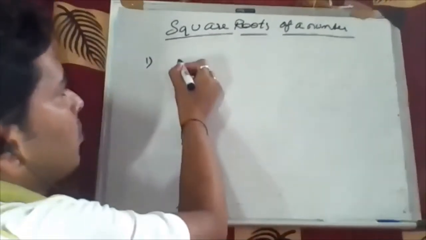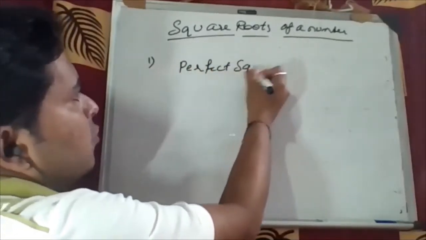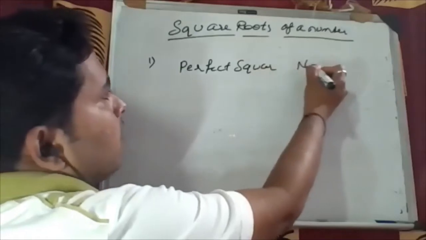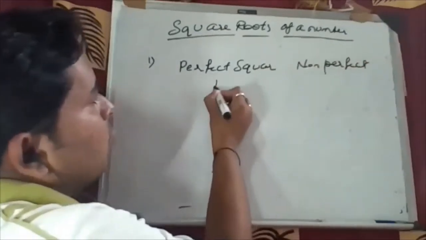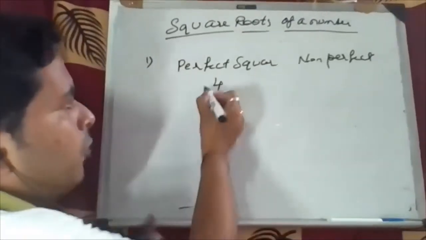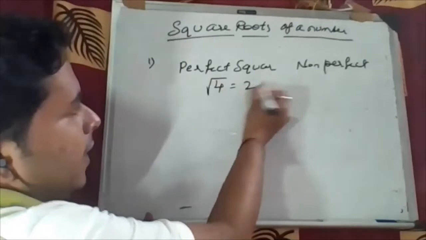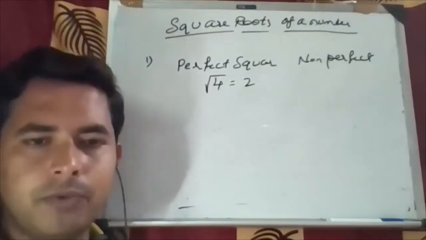There are two types: perfect square numbers and non-perfect. Suppose 4 is a perfect square, because if you take the square root of this, you'll get an exact number 2. So 4 is a perfect square.